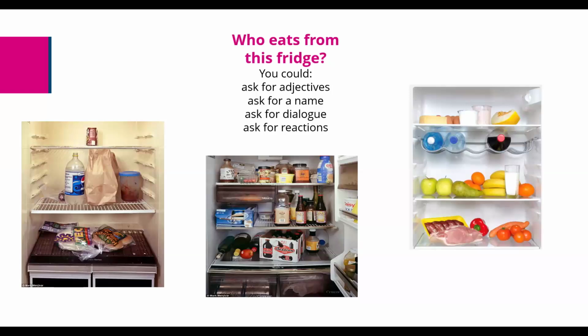Okay, so this one is again about using images to inspire writing. Thinking here about the eats from this fridge. We can make stories around what we see. I'm sure looking at these, you've already made a story about the kind of person in 1, 2, and 3.